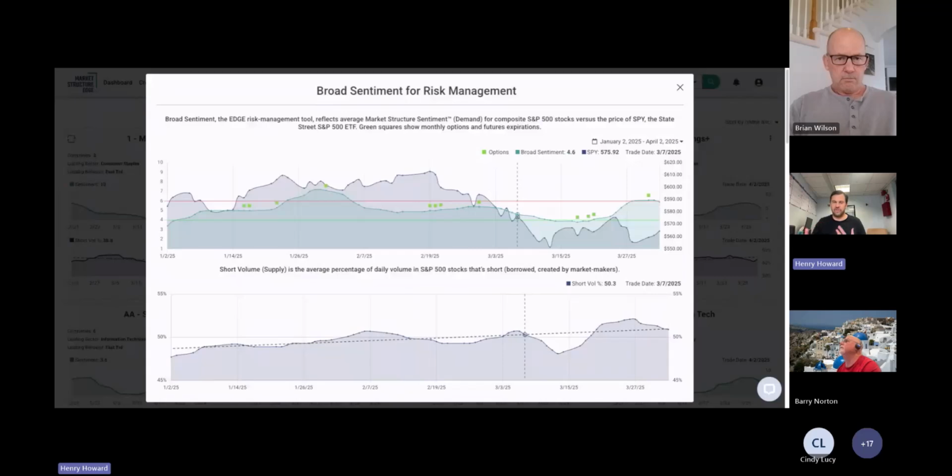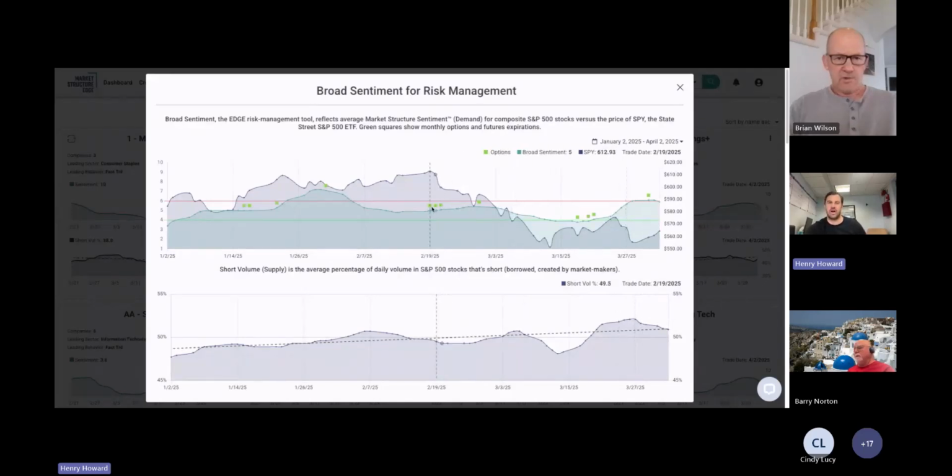So get really familiar with broad market sentiment, pulling it back year over year and looking at how it behaves under different conditions of broad market sentiment and short volume. That's the first thing I look at every morning: where are we in the process.